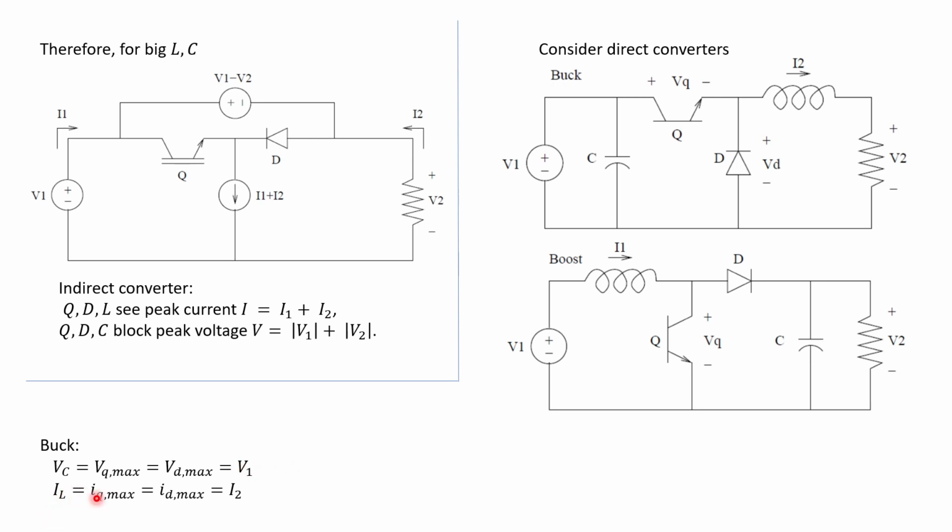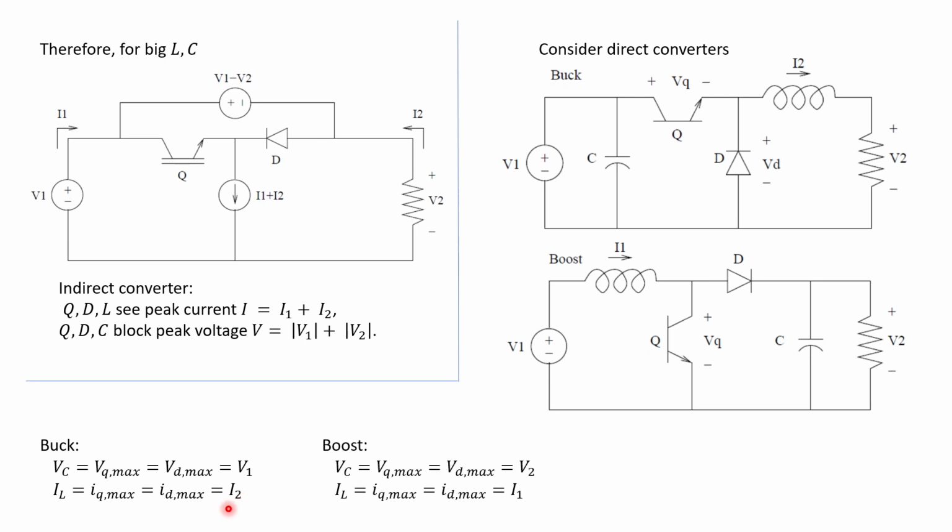For the current on the inductor, it is equal to the maximum between the current on switch Q or the current on the diode. So the max between these two is I2. So for a buck converter, you have the larger current at the output. Okay.